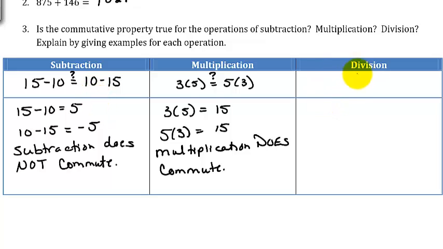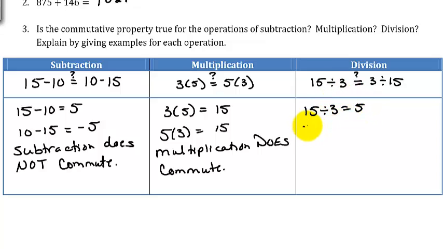What about division? So I want to pick some numbers that divide nicely, and so we could do 15 divided by 3. Is that equal to 3 divided by 15? So 15 divided by 3 gives us 5.